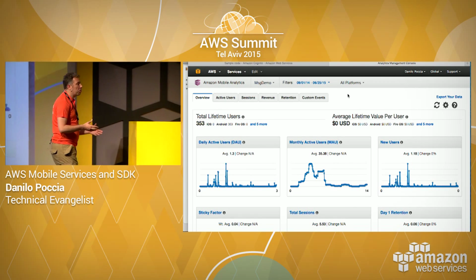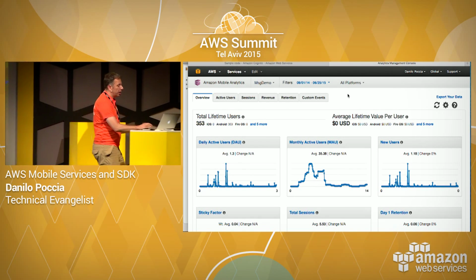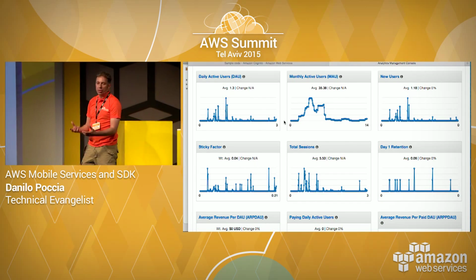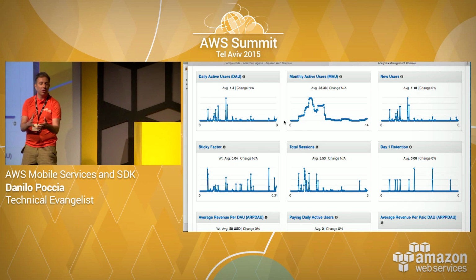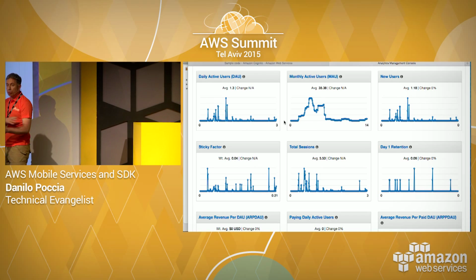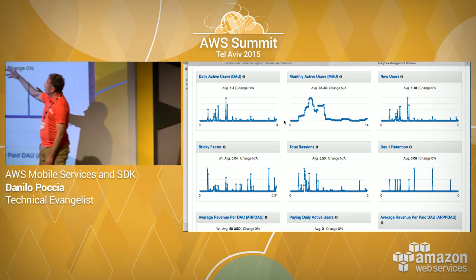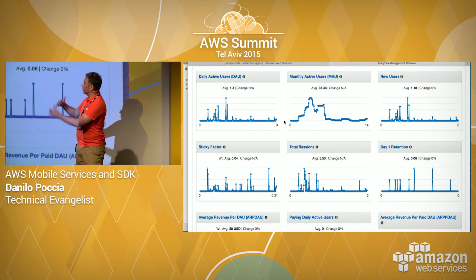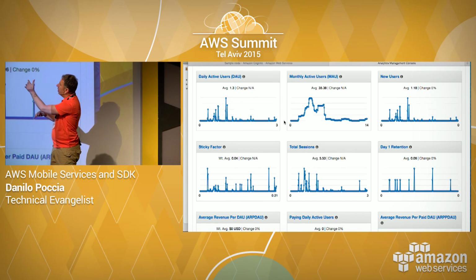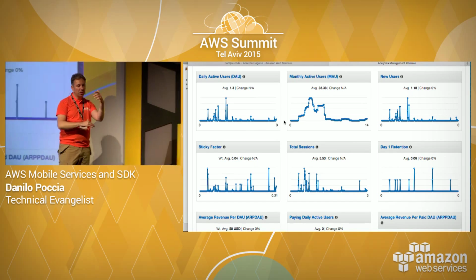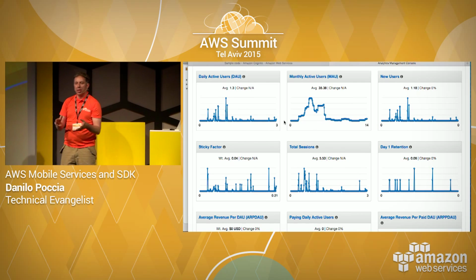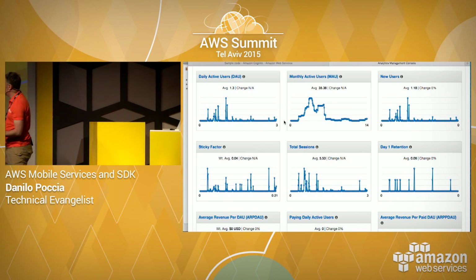And this mobile analytics will generate a lot of metrics that are useful, like the daily active users, so the unique users that are using your application in a day, also cross-device, the monthly active users, the new users every day, the sticky factor, that is the fraction of the daily active users on the monthly active users, so you understand if users are using your application occasionally during the month or often.